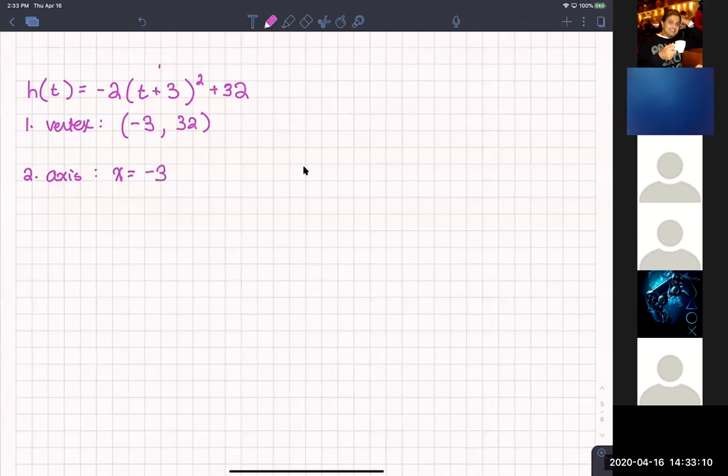Okay, so for time's sake, let me finish up. My leading coefficient is -2, so it opens down. Now, to find the y-intercept, I let x equal 0 and solve. Or in this case, t, sorry.